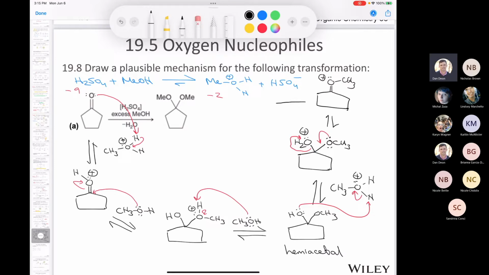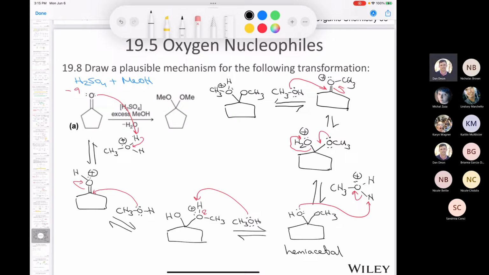as a nucleophile. I'm going to erase the stuff that I have in blue just to make space for myself. So now methanol is going to come in as a nucleophile, like this. There's my nucleophile. And I'm pretty close to the end now, because I've got my methoxy group over here, and I've got the protonated form of my methoxy group here.